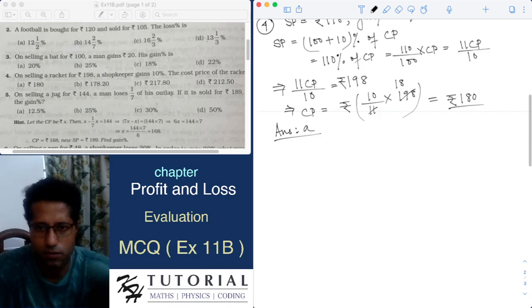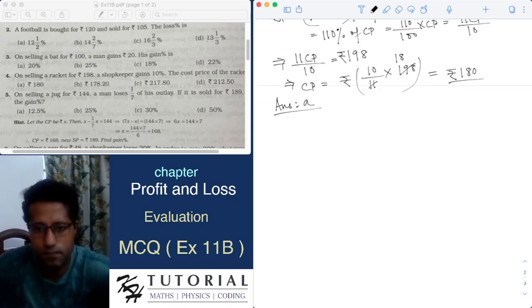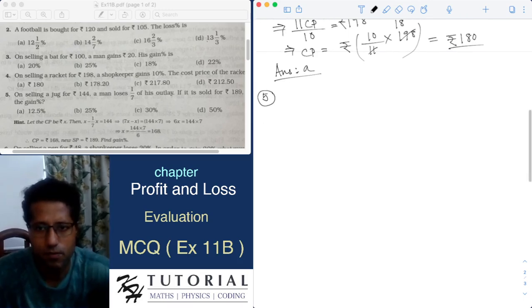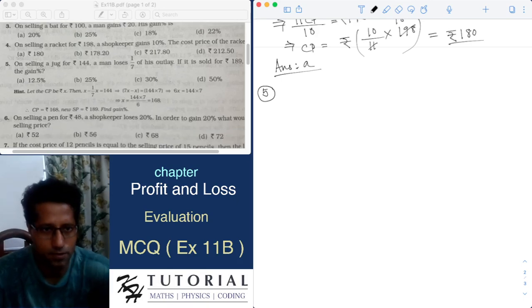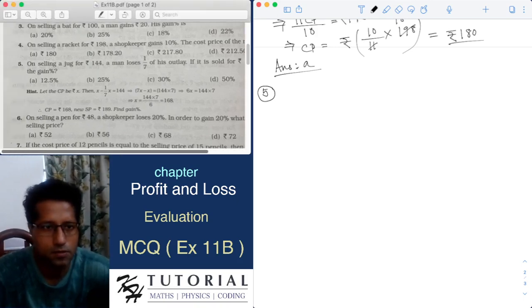Okay, let's do question number 5. Question number 5 says that on selling a jug for rupees 144, a man loses 1/7 of his outlay. If it is sold for rupees 189, what is the gain percent?